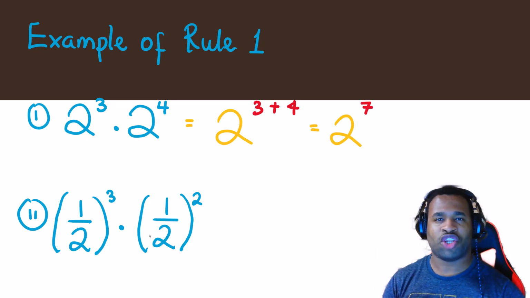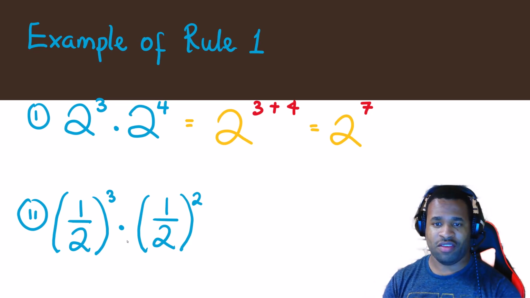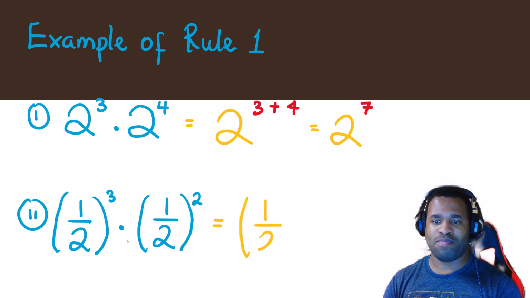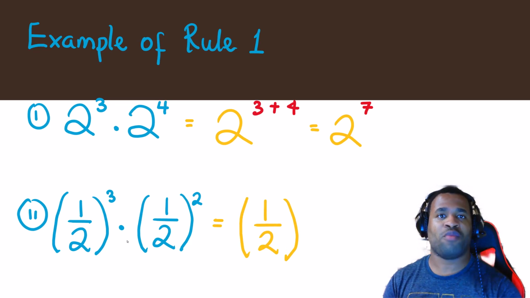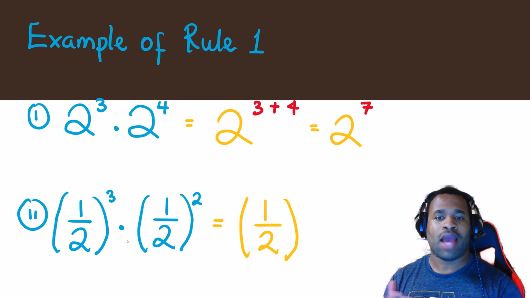Now the next question shows us a fraction as the base, and the bases are the same. So this is equal to a half as the base, and our exponents are 3 and 2.